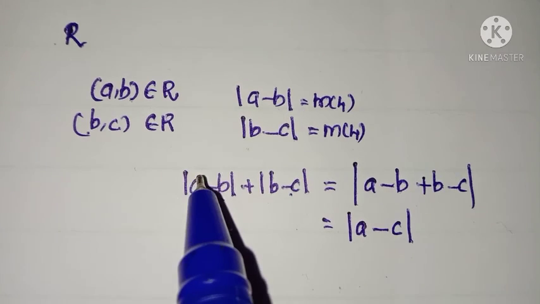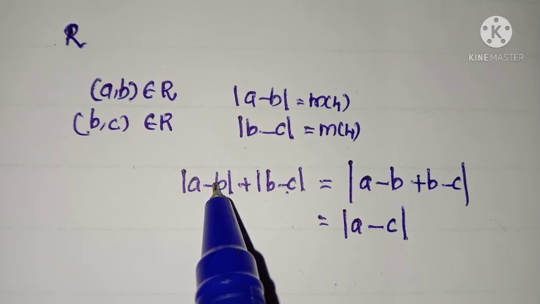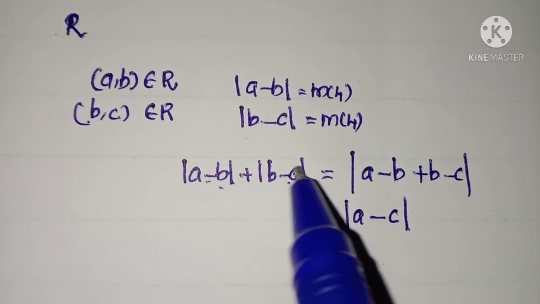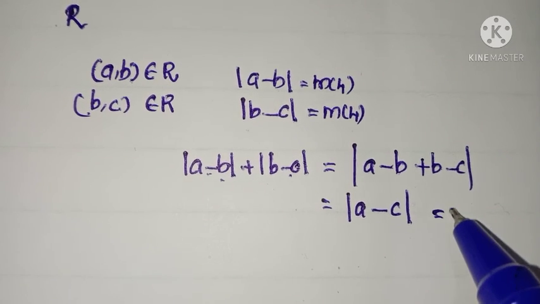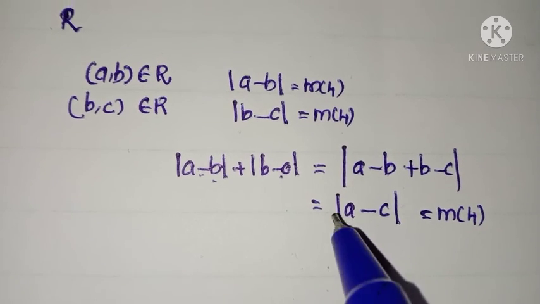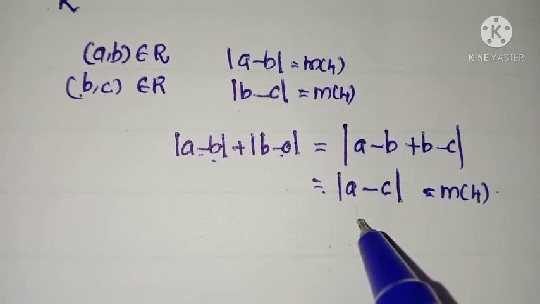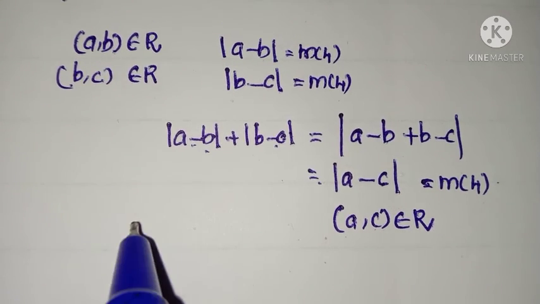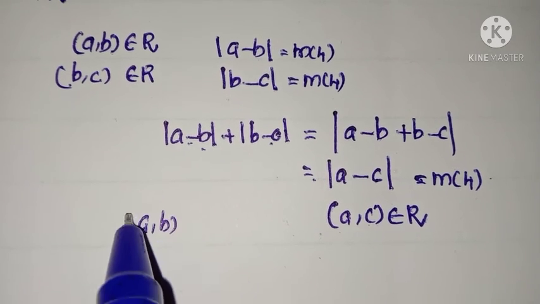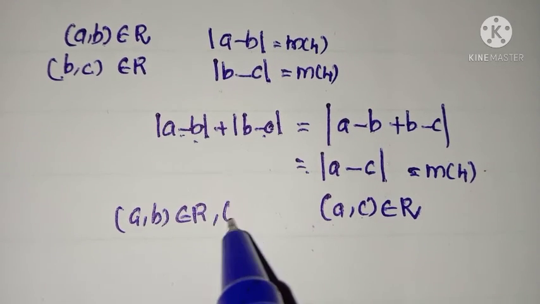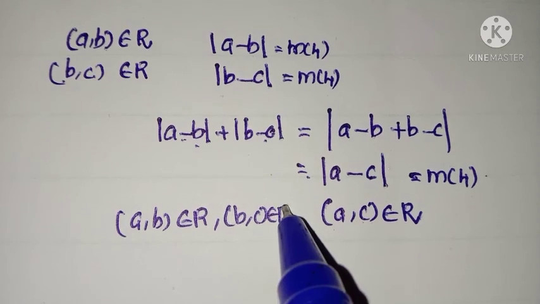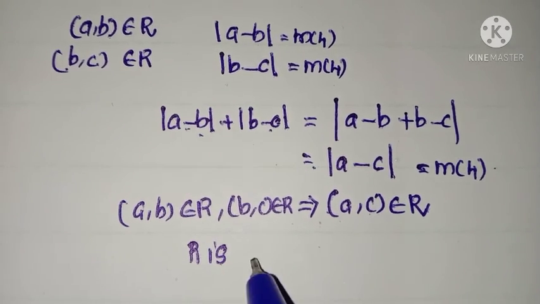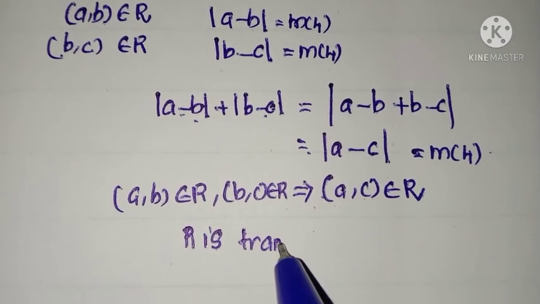Okay. If this is a multiple of 4, then this one is also a multiple of 4. So the sum of these two is again a multiple of 4. So |a − c| is a multiple of 4, which means the ordered pair (a, c) belongs to R. So if (a, b) belongs to R and (b, c) belongs to R, then (a, c) belongs to R. That is, R is transitive.